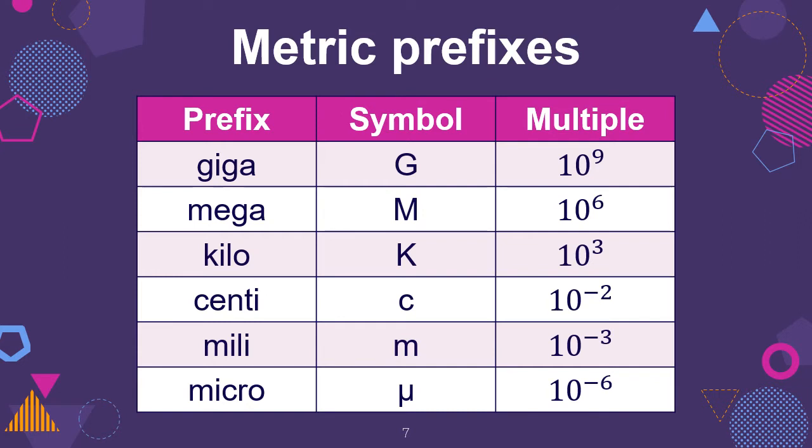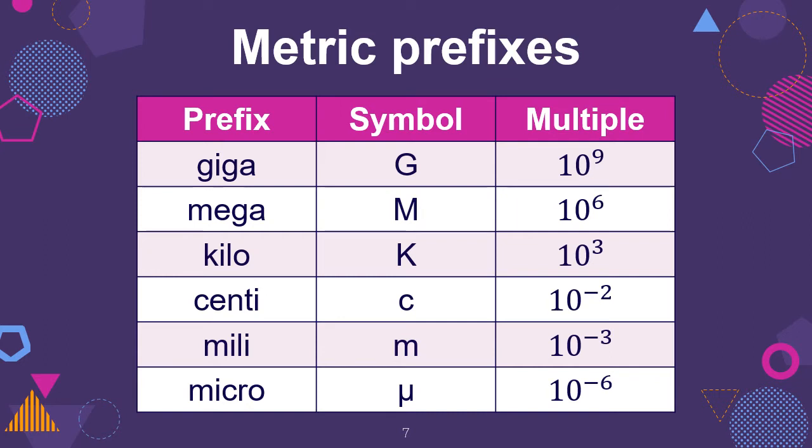Next prefix, we have kilo. The symbol of this is capital letter K, and the multiple is 10 raised to the power of 3. Then we have centi. The symbol is small letter c, and the multiple of this is 10 raised to the power of negative 2. As you can see, the exponent is negative since it is a small quantity.